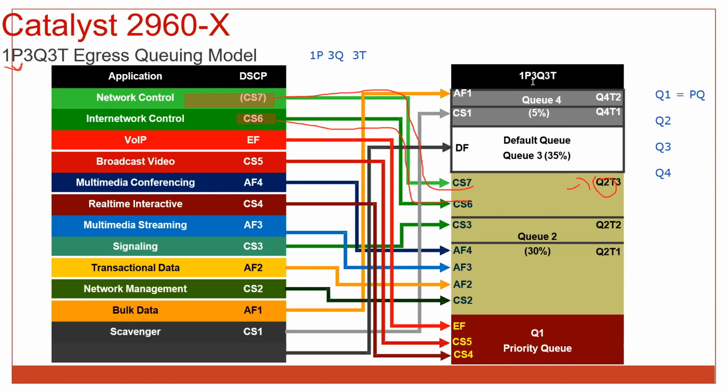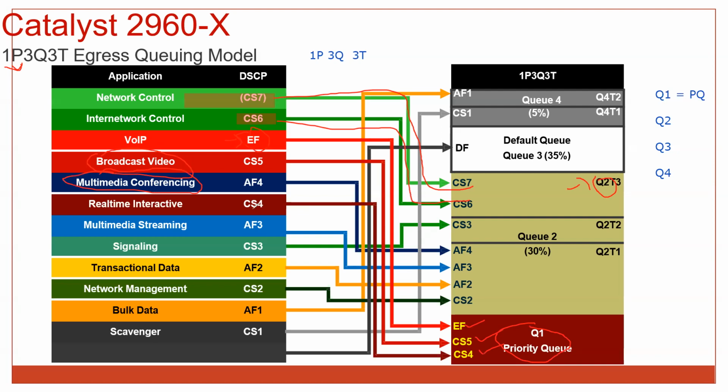So where we are, that's EF, expedited forwarding. EF is a DSCP, the highest level marking. Where is it going? It is going to the priority queue. Now you can see in the priority queue we have EF, CS4 and CS5. CS4 and 5 are video and conferencing, right?